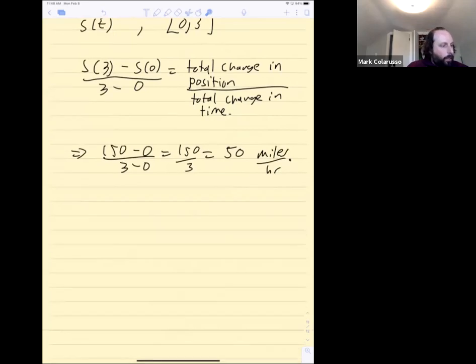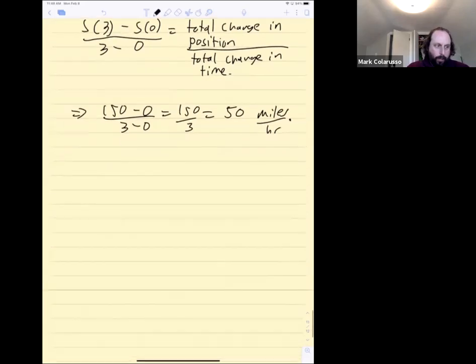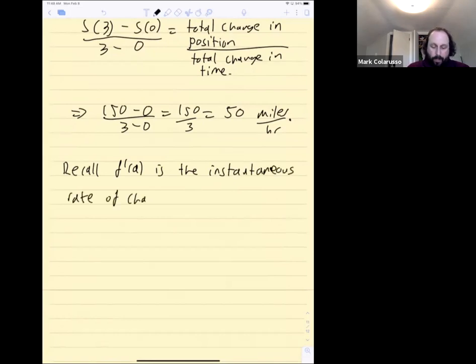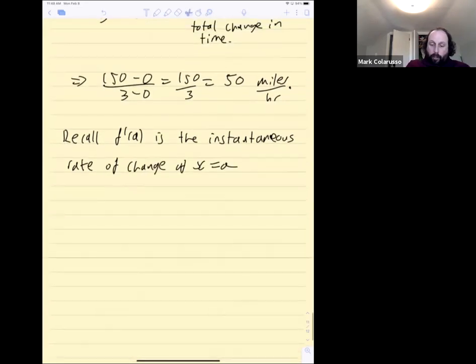Okay. Now, however, as you should believe, the average rate of change and the instantaneous rate of change will be quite different. So that's what I want to illustrate in the next example. Recall also that f prime at a is the instantaneous rate of change of f at x equals a.